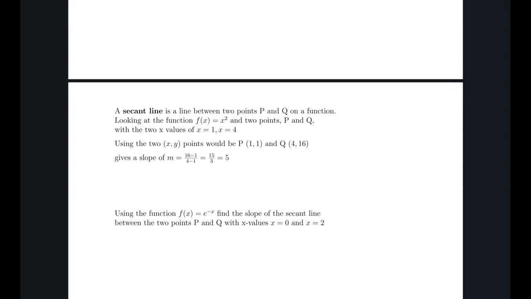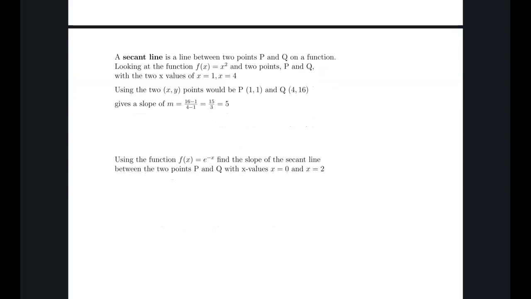All right, let's finish up with this last bit here. A secant line is defined as a line between 2 points. So if I have the graph of x squared, and here's the point 1, and that would have a y value of 1, and here's the point 4, and that would have a y value. The line that goes between these 2 points, between P and Q, is called the secant line.